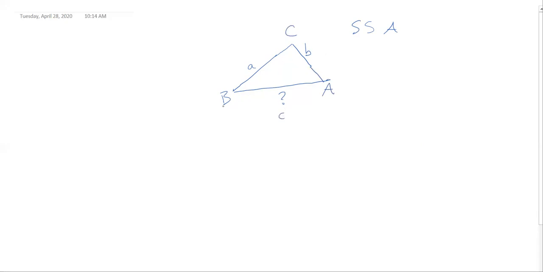So you know B, A, and little b here, but you don't know anything else. That means the triangle, this is fixed over here, but you don't know this angle, and you don't know this side.